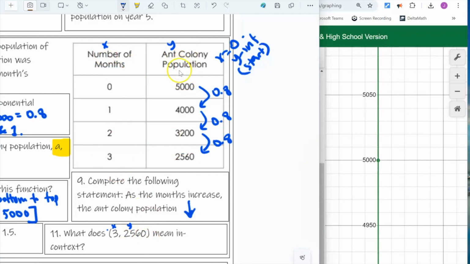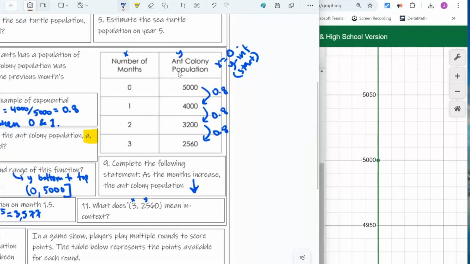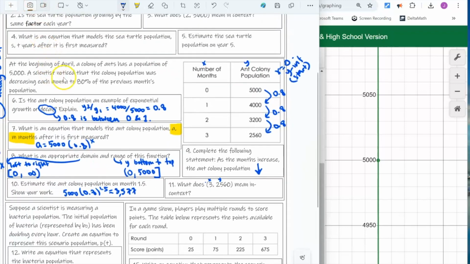Now just write a sentence. What's happening in this question? The beginning of April, a colony of ants has a population of 5,000. As scientists notice, the colony population is decreasing every month. All right, cool. So what does this mean in context? That after 3 months, there were 2,560 ants in the colony.